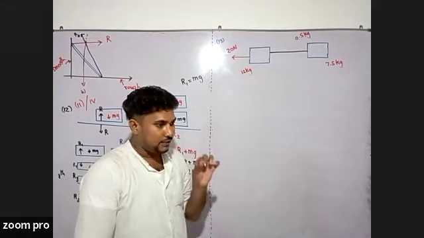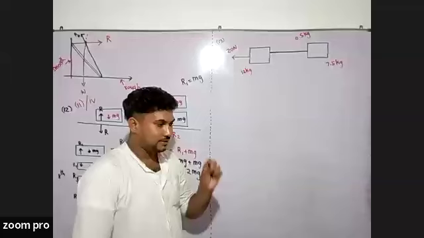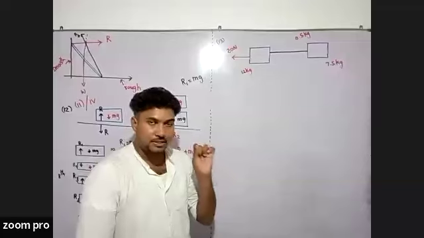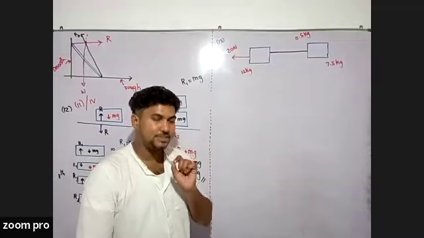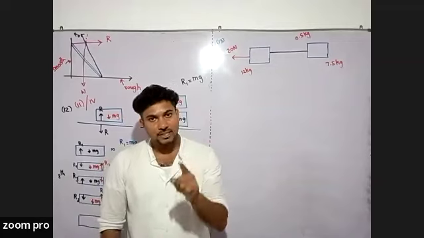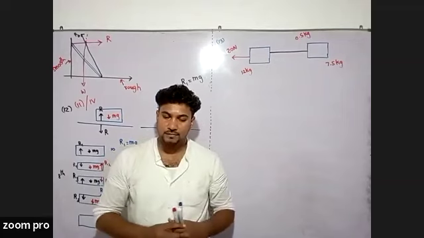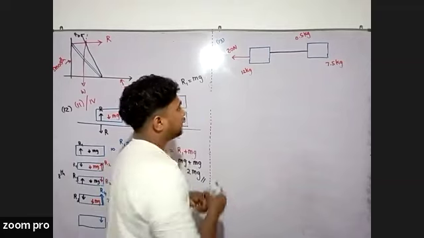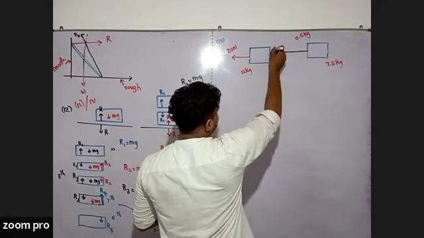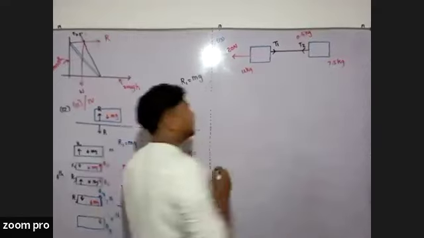Normally the question gives a massless string, and a massless string has a constant tension throughout. But if it has a mass, the tension at each point has a different value. So the string has a different tension at the ends.